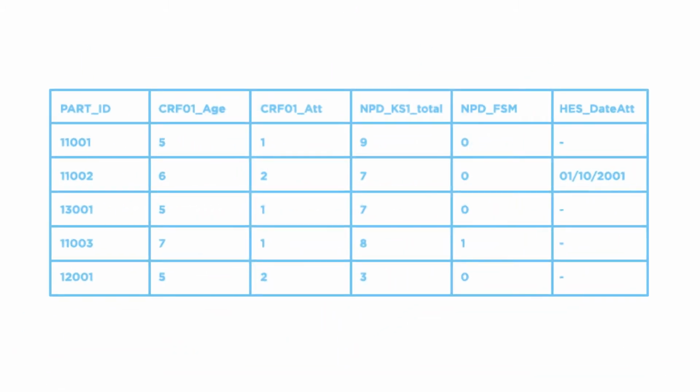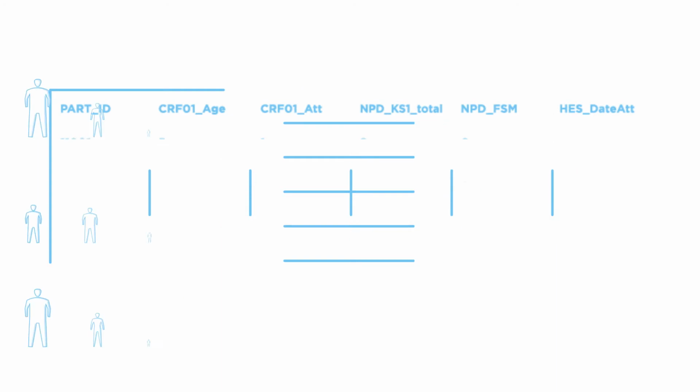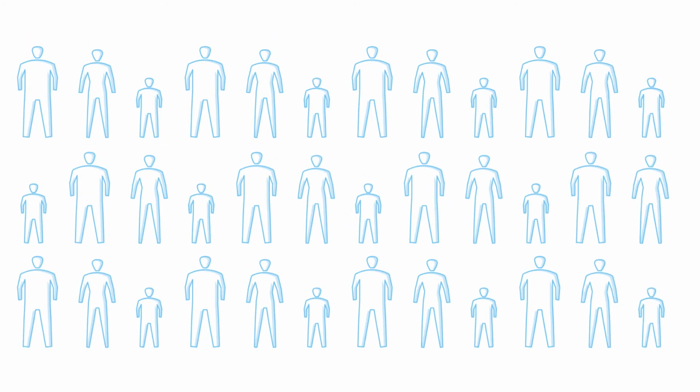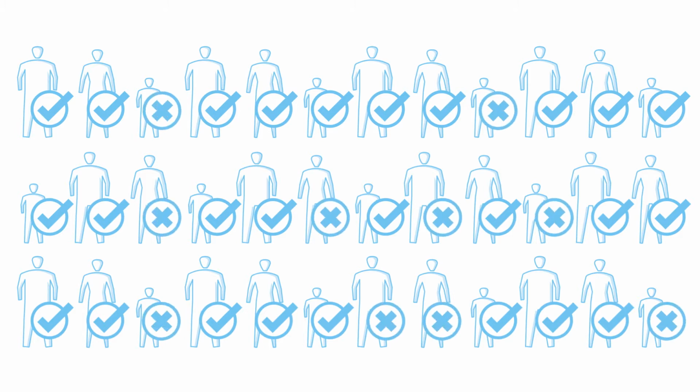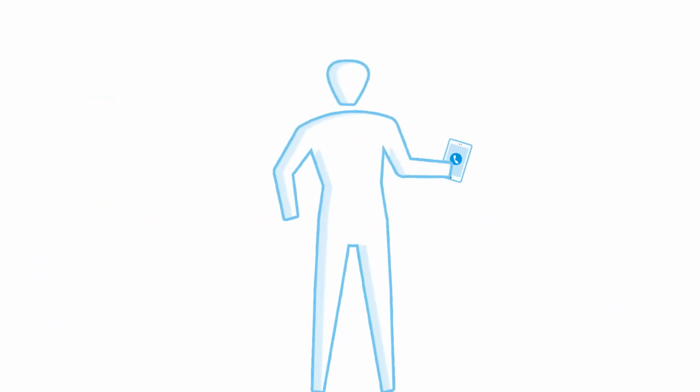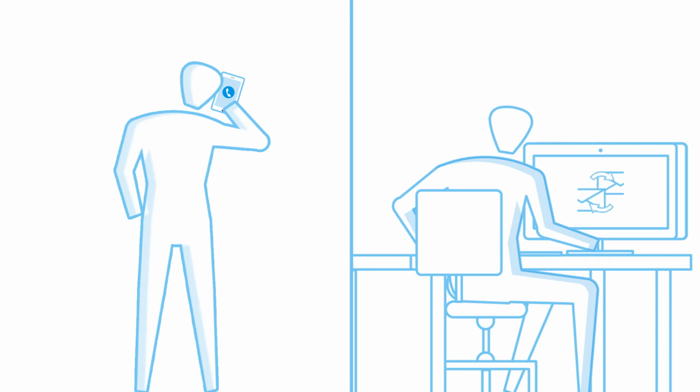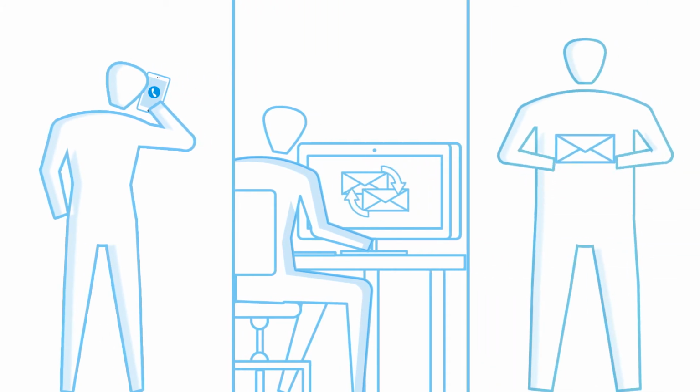The dataset that is created looks like a list of numbers and codes, and on looking at it you wouldn't know who is who and what the codes mean. Participants will know about the project that they are taking part in. They will have either consented to this linkage or given the option to opt out. Either way, they will have been directly contacted and provided with the information to decide whether they are happy for the research team to do this work.